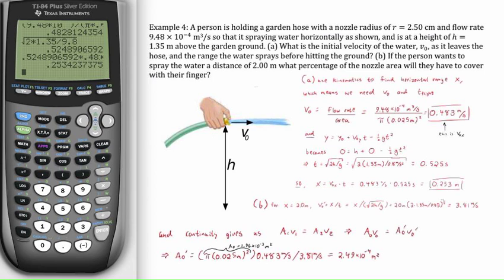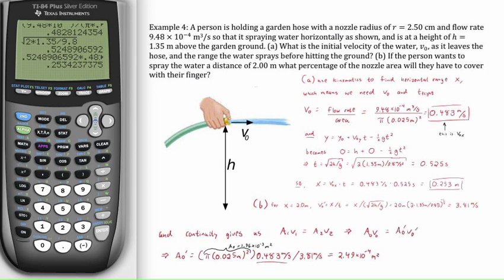Here I've shown that if we want to find this new, smaller cross-sectional area, A naught prime, that gives us our larger initial x velocity of the water, we'll use continuity, this equation here. Here was the original cross-sectional area, which is pi r squared, where r was 2.5 centimeters, giving a cross-sectional area of 1.96 times 10 to the negative 3 square meters.